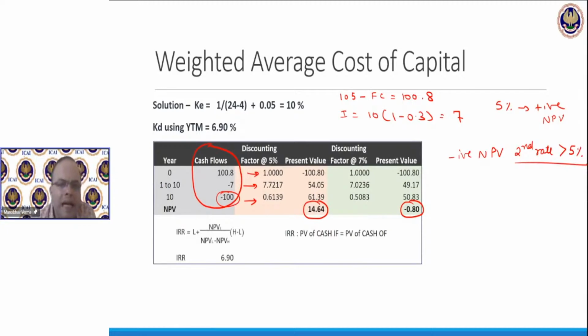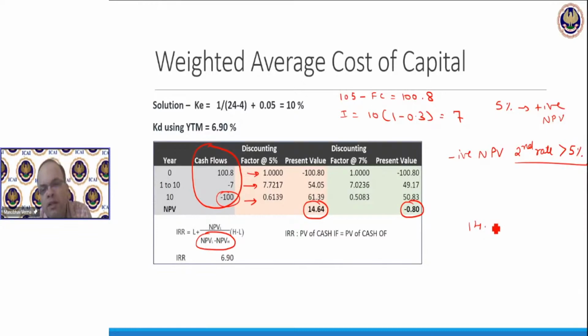So we are looking at 14.64 as a positive NPV. And then we're also looking at a negative NPV here. Hence we apply the same IRR formula: lower rate plus NPV at lower rate upon NPV lower minus NPV higher. Remember, I told you to be careful of the formula's denominator, which will have a minus in it.